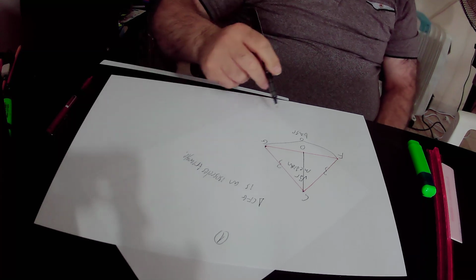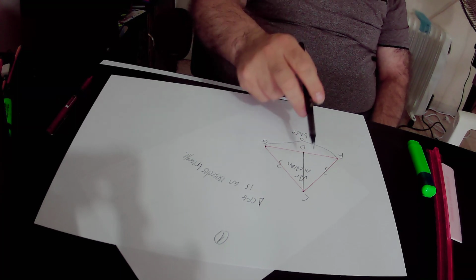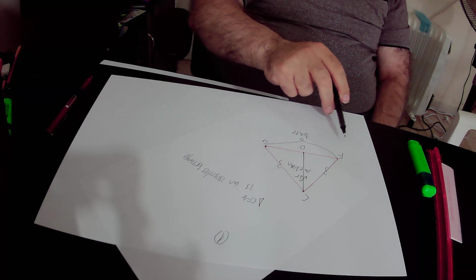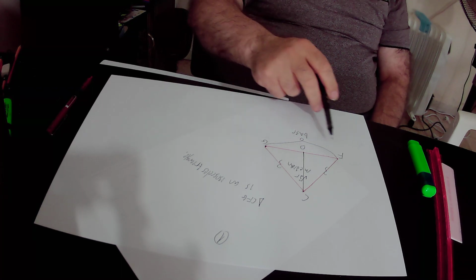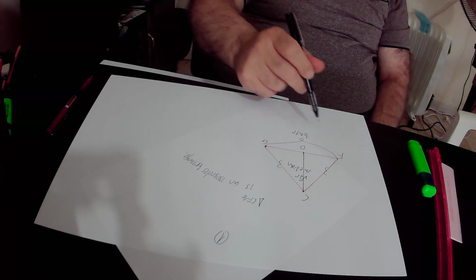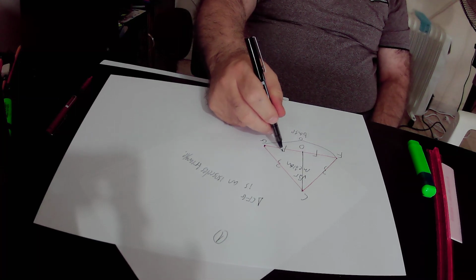As you can see, the median CO to the base FG bisects the base FG because FO equals OG equals R.